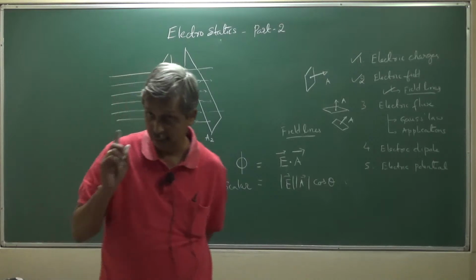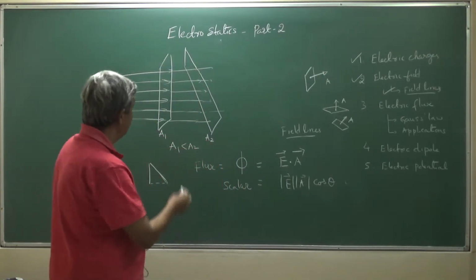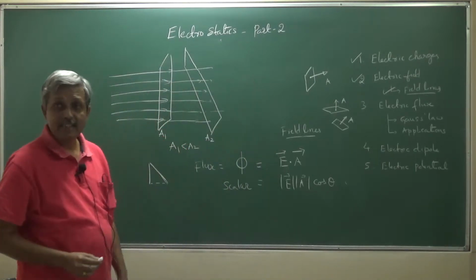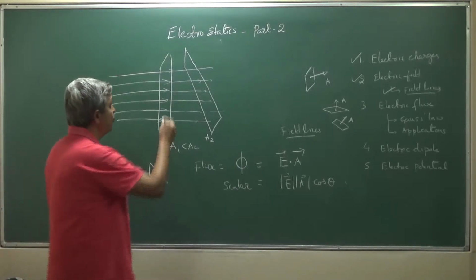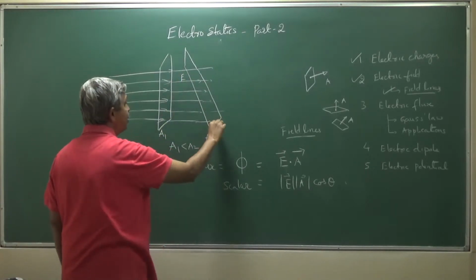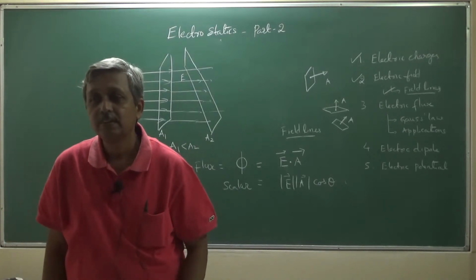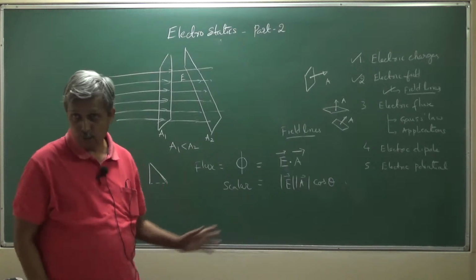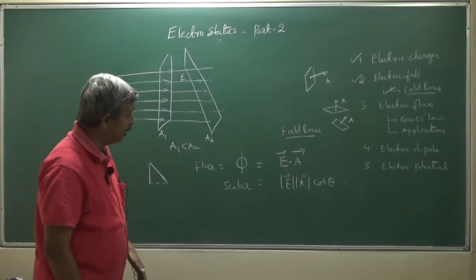However, we realize that the flux passing through this is the same in both cases. If I take the value of E and multiply with this, I will get a bigger number. But that is not the flux. Flux is what is passing through. So what do I do? I take the cos.